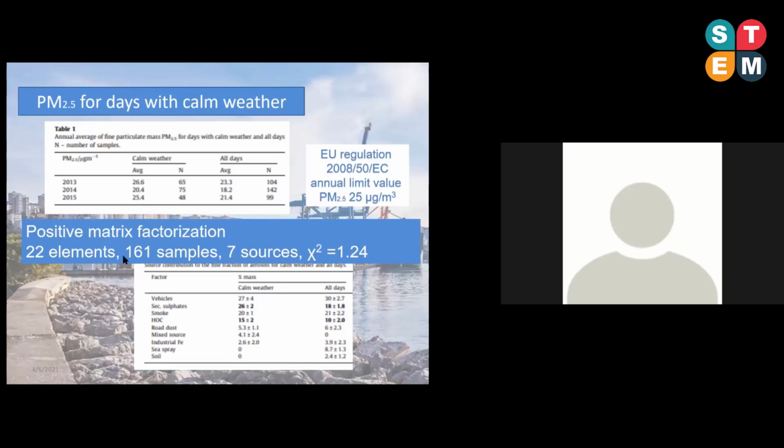To unfold key source fingerprints and their contribution to the total PM2.5 pollution, positive matrix factorization was performed. The original Paatero DOS version of the PMF codes was used.